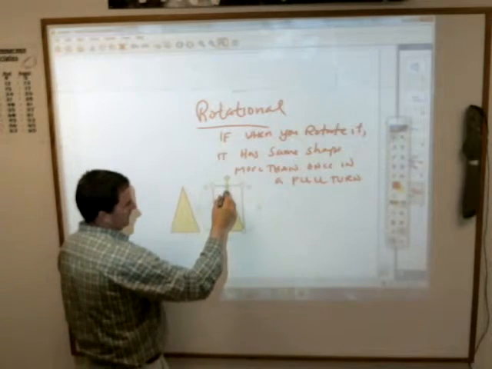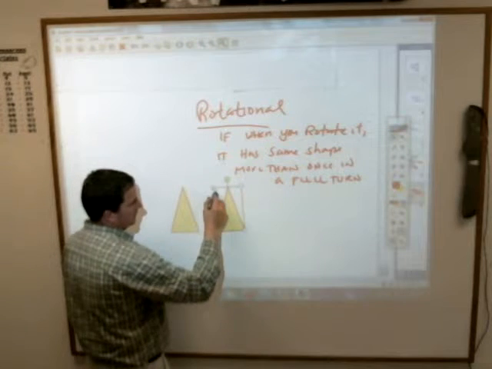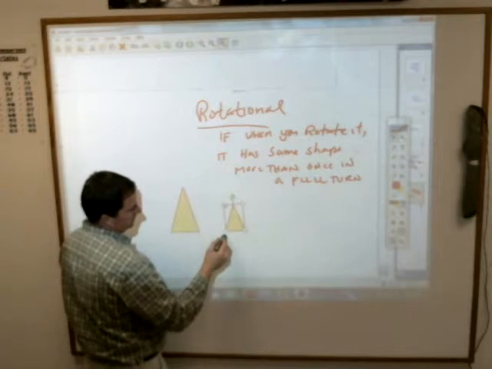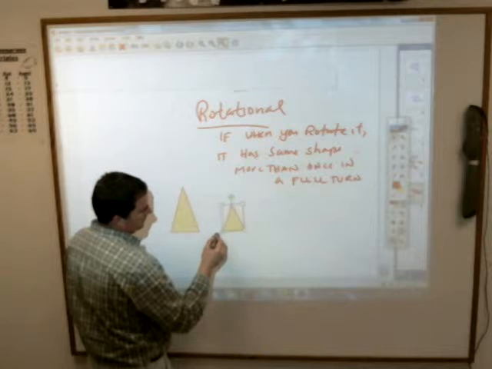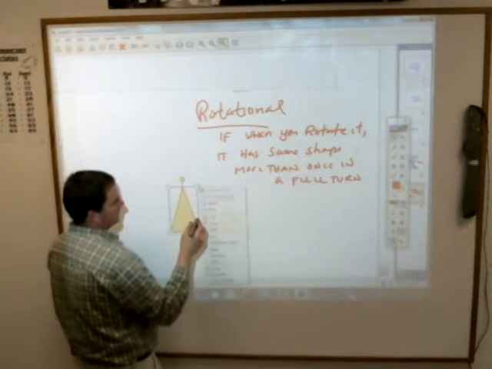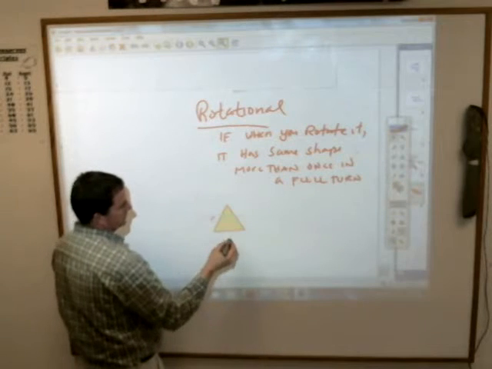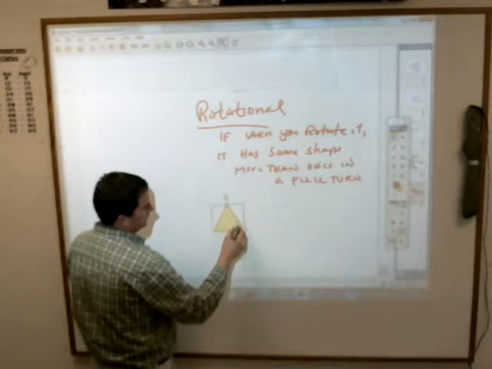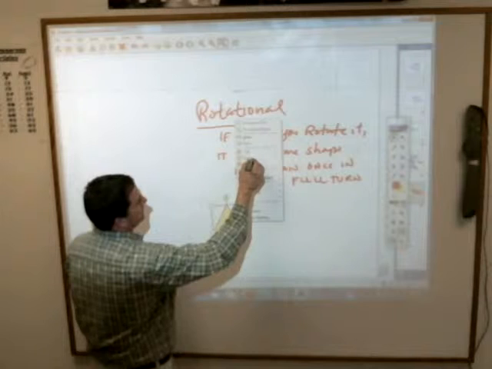Now, if I were to make it an equilateral one, get rid of this one. Copy this one. Cut. Oops. I'll figure this thing out here.